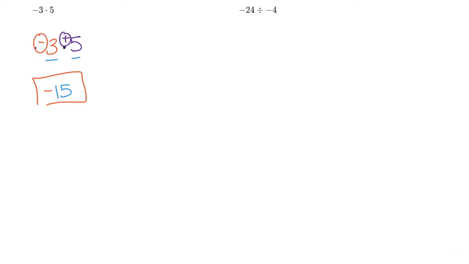In our next example, we have -24 getting divided by -4. Here I'm going to figure out what 24 divided by 4 is first, which is 6. Then we have a negative divided by a negative, which is a positive, because you hate to hate. That's a good thing, so we can say this is +6.